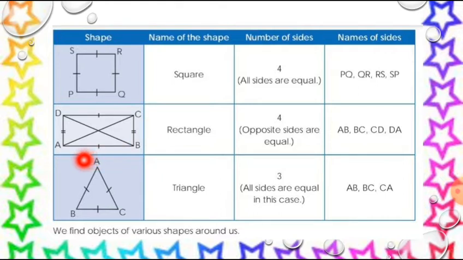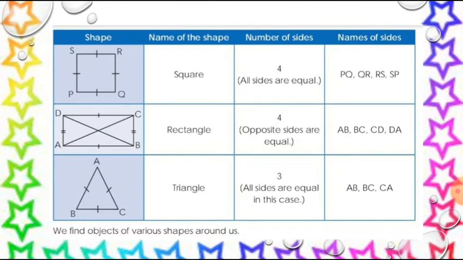We know the shape which has opposite sides equal is a rectangle, isn't it? So this is a rectangle. And how many sides are here? Yes, it is 1, 2, 3, 4. 4 sides, and the opposite sides are equal. So you can write the names as AB, BC, CD and DA. These are the sides of this rectangle.